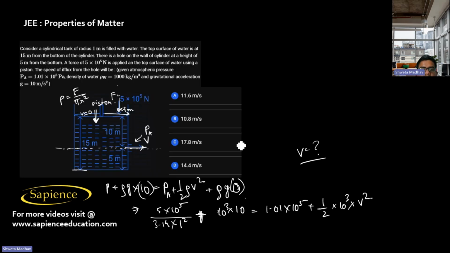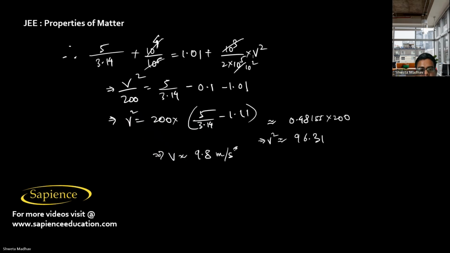V is actually approximately, so it is coming 5.5, point 48, 55, 6.31.